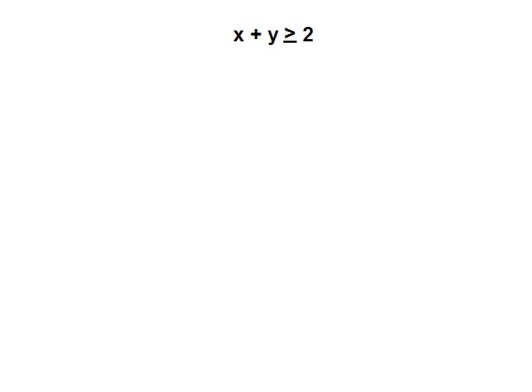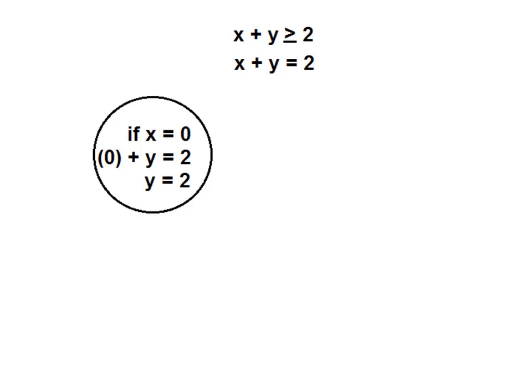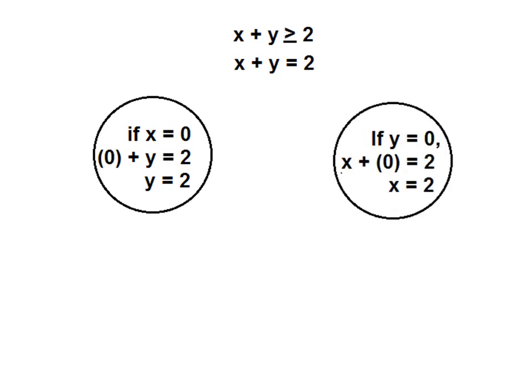The second constraint is x plus y is greater than or equal to 2. So we will convert that into an equation, similarly to what we did for the earlier constraint. Now let us put x equal to 0, so that y value we get as 2, and similarly y is equal to 0, so that x is equal to 2.